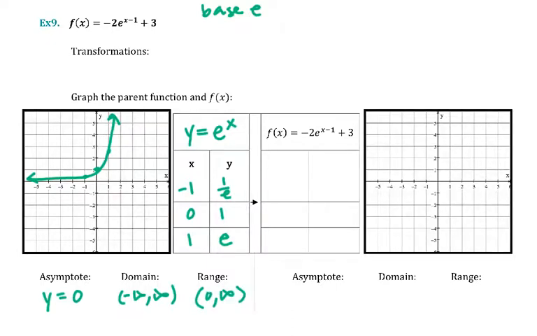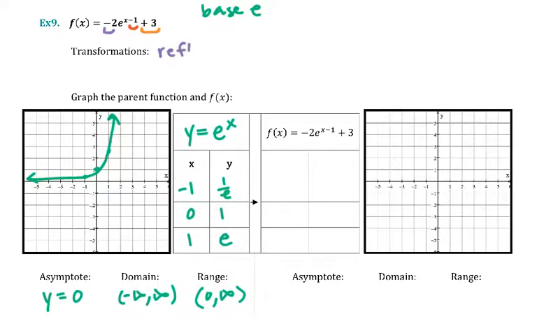So let's break this down and look at the values and what those are doing. So I have a -2e to the x minus 1 and a +3. So multiplying by 2 is going to cause it to stretch vertically, and the fact that the 2 is negative is going to cause a vertical reflection.